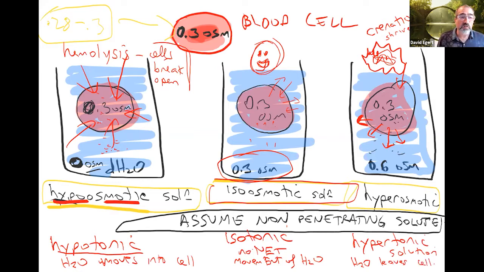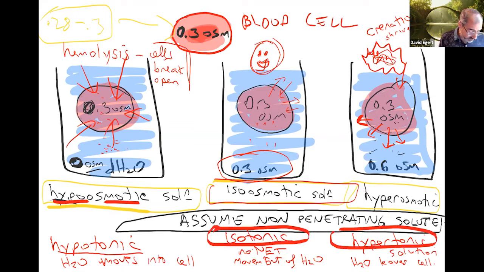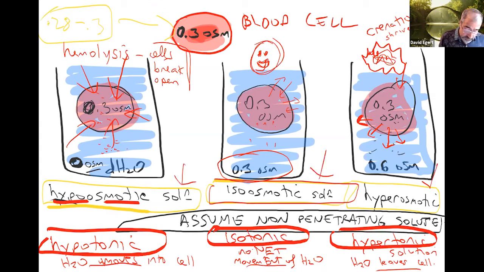So over the weekend, spend some time with these terms: isotonic, hypertonic, hypotonic. Again, that has to do with the movement of water. It's related to these: hyperosmotic, isoosmotic, hypoosmotic. But as we're going to see, there can be things that make the relationship more complicated than what you see here.